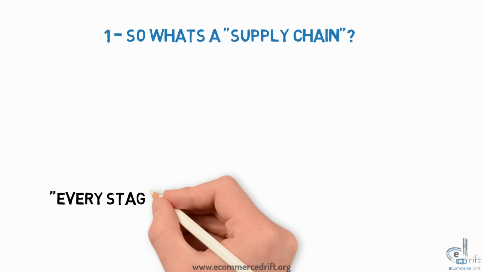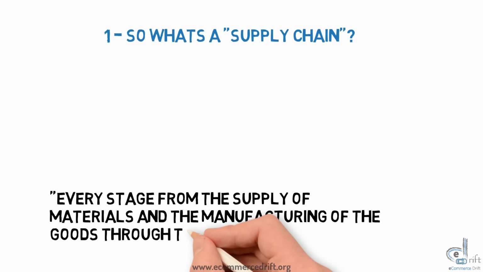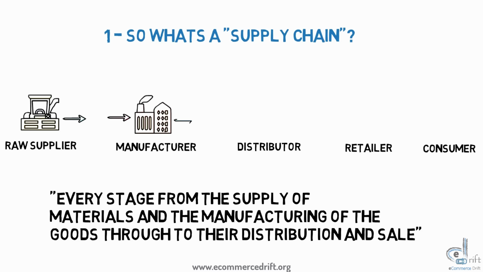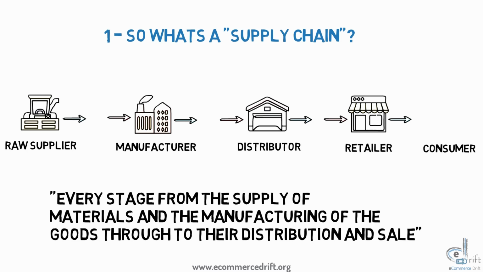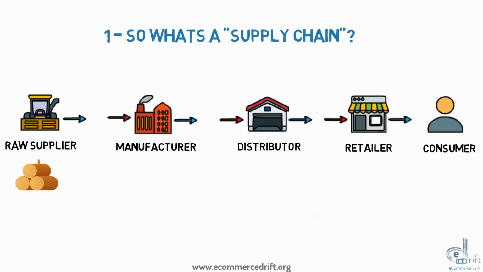Well, it's every stage from the supply of materials and the manufacturing of the goods through to their distribution and sale. Now, the supply chain consists of raw suppliers, manufacturer, distributor, retailer, consumers. These make up the supply chain. Now, to see what each one of them does, let's take an example of a wooden desk. The raw supplier mines or harvests the goods and makes them available for the manufacturer.